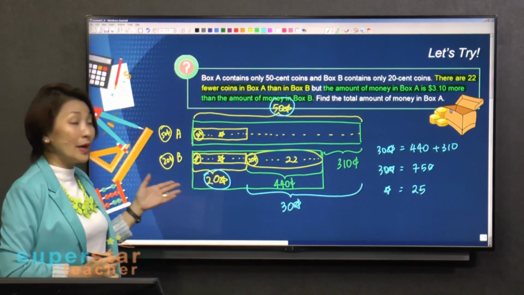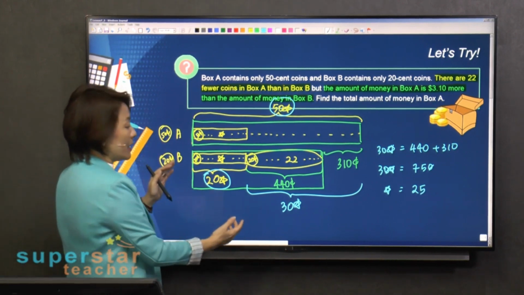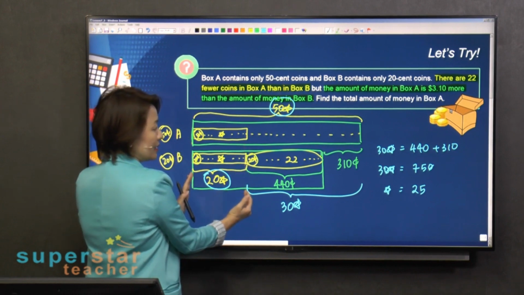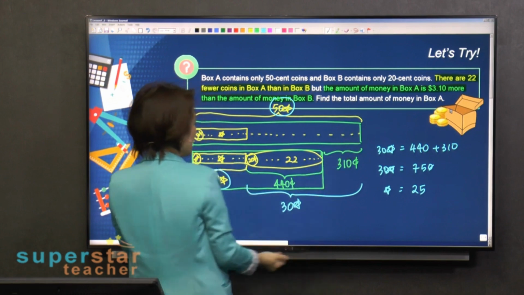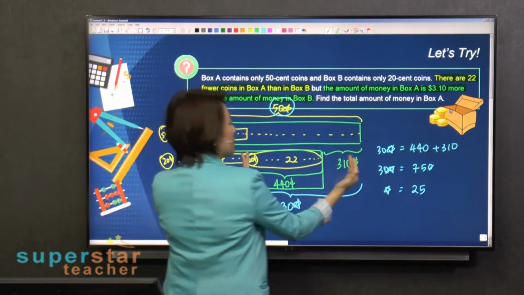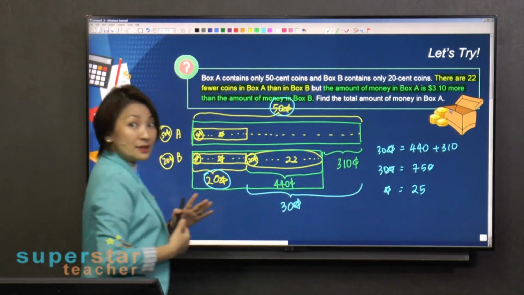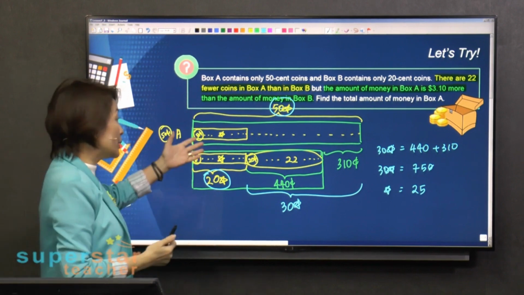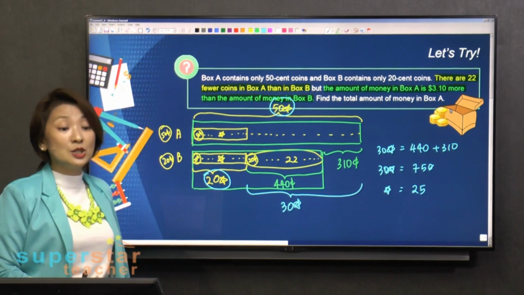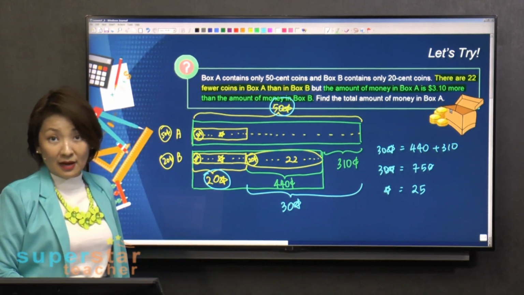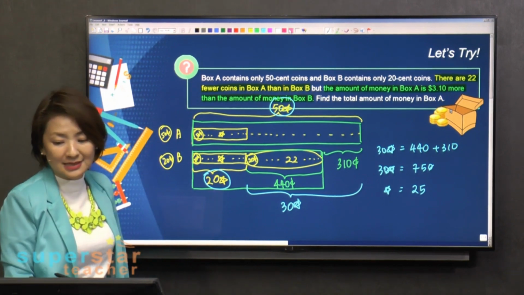So this is one way you can do it if you can see the part, part, whole model. Part, part, part, whole. Or you can see part, part, whole. Can you see that? Okay, so if you can see a part, part, whole, you can come up with this quite easily. If not, then you will have to do your equation. Alright, like crossing the bridge, this is how you do it.